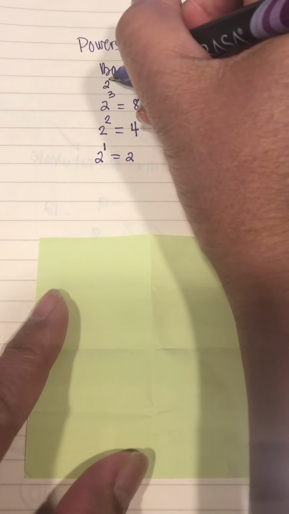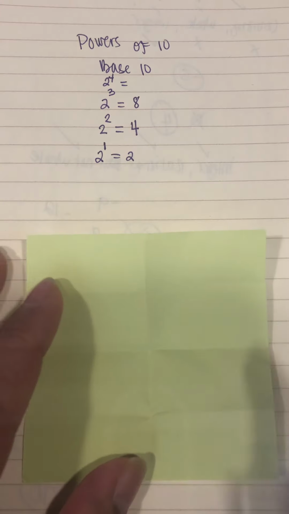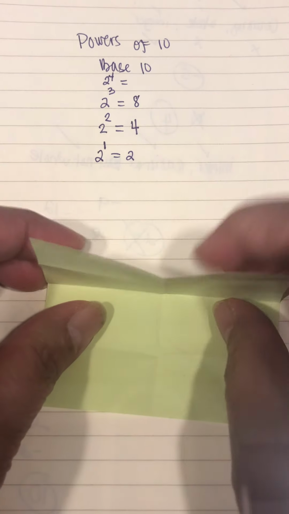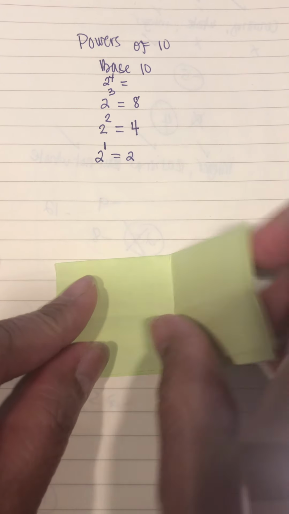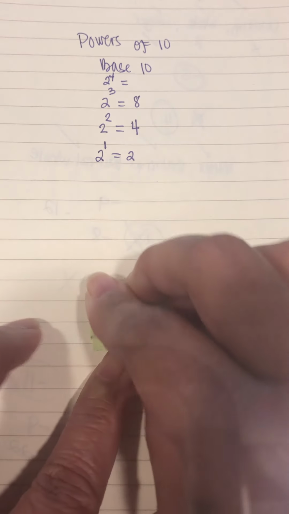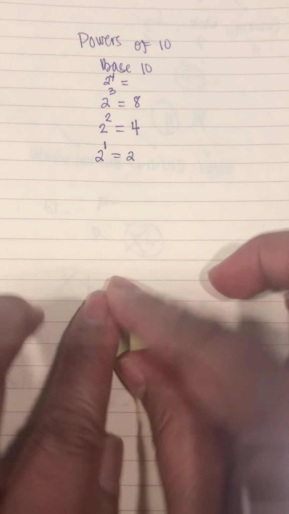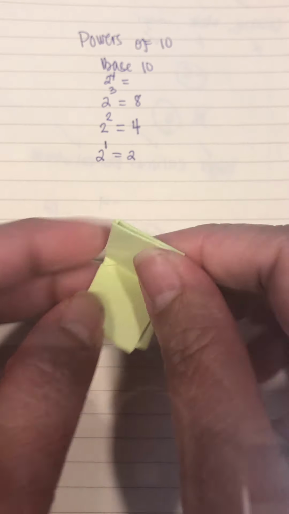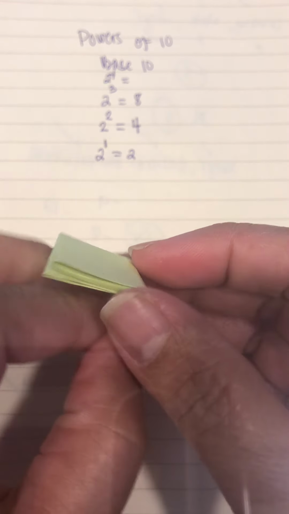I'm going to do 2 to the power of 4. So we're going to do 4 folds. 1, 2, 3, and then 4. Okay, so now let's count how many sections we ended up with.